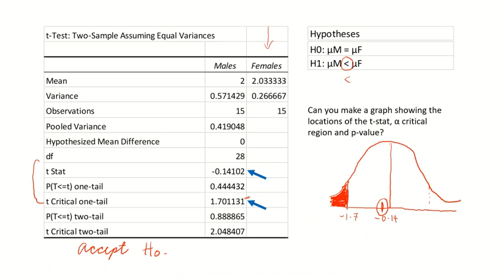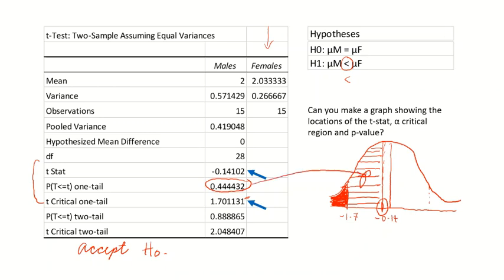However, let's look at our p-value. Our p-value says 0.44 or 44%. That's a very, very big p-value. And why is it 44%? That's because if we draw a line here at our t-stat and shade everything to the left of that, that is our p-value, the 44% that we see here.